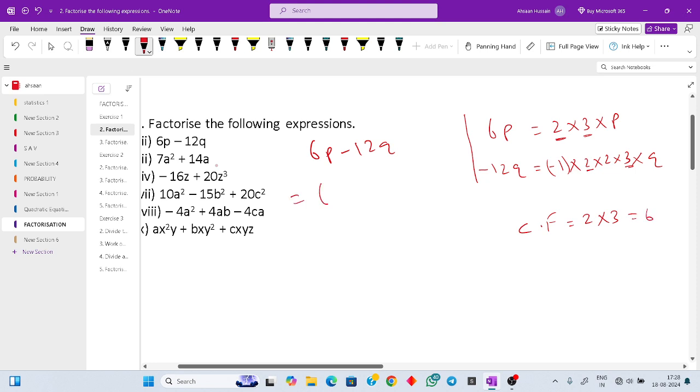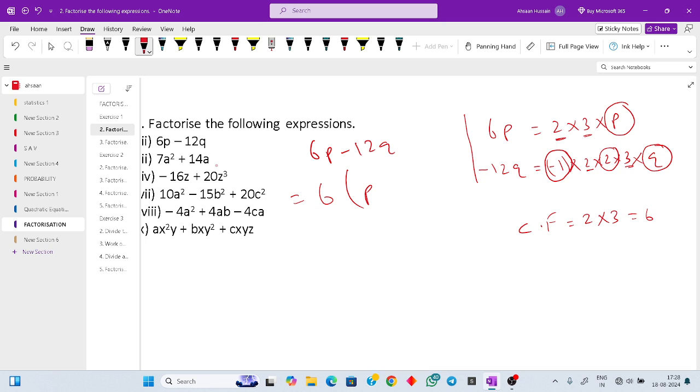So we'll write here first 6, and then again we'll start a bracket. And after taking out the common factor, what is left here? p is left out here. So write here p, and here -1 is left, and this 2 is left, and this q is left. So -1 multiplied 2 is -2, and -2 multiplied q is -2q. This is our answer.